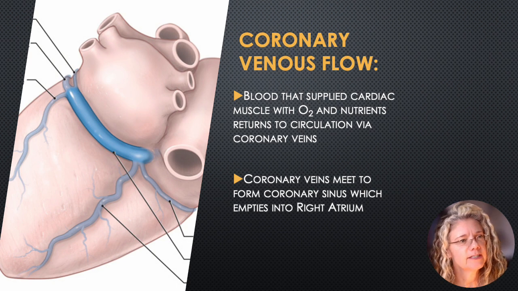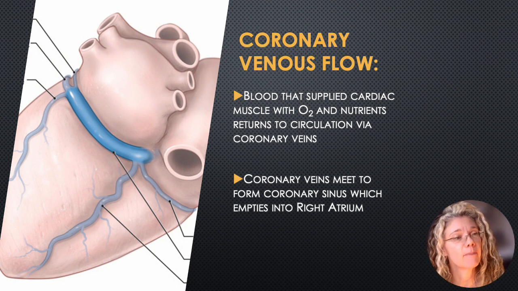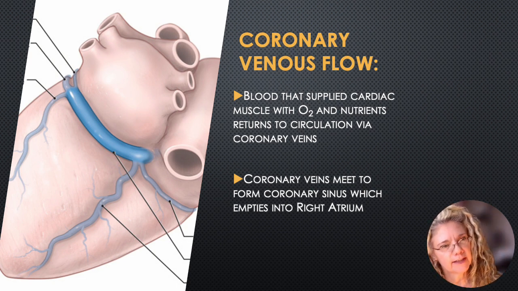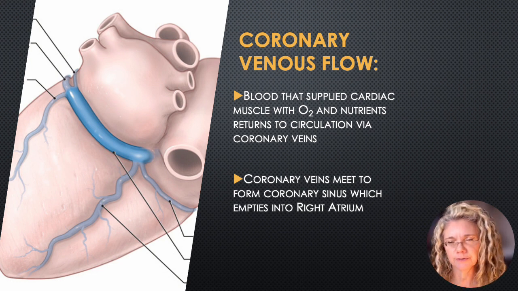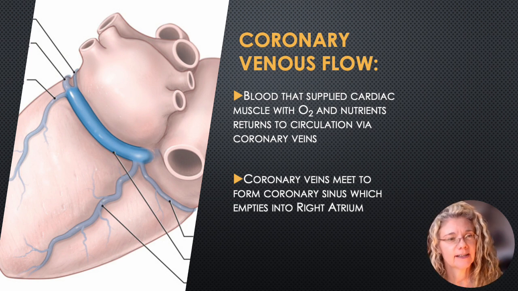So this is venous blood from the heart muscle itself that needs to return to general circulation, and all the coronary veins are going to bring blood back to this big coronary sinus, and then the sinus will dump into that right atrium.